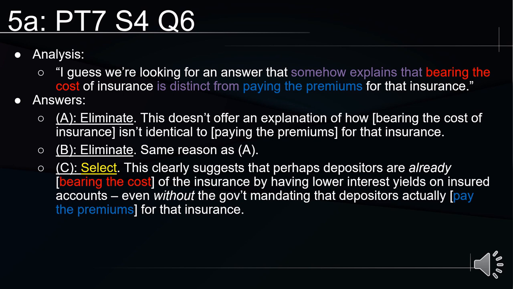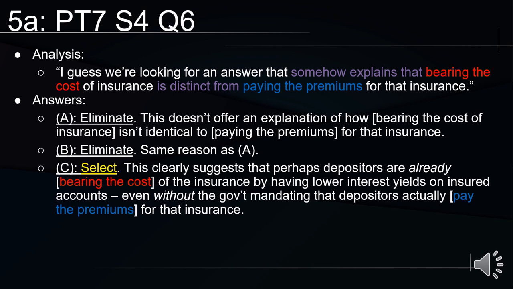Banks do not always cover the cost of the insurance premiums by paying depositors less. And even if you don't want to unpack it, it literally says that right there, right? Banks do not cover the cost of premiums. So this is already telling us that the costs of premiums are being taken care of by some other measure other than depositors directly paying that insurance. Even if you don't want to unpack it further and understand that this is about a cost shifting mechanism, which is very common everywhere, it's not just capitalism.